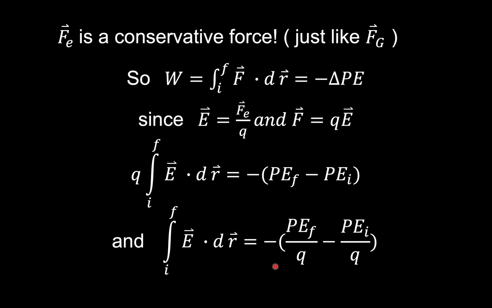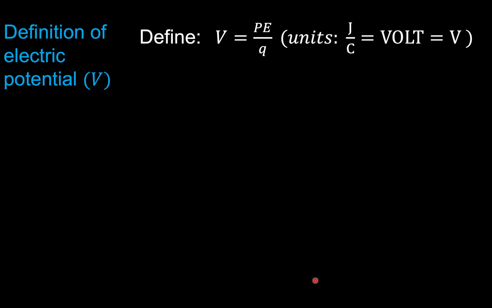So many times in physics, you've already seen that when a new concept or a new quantity presents itself like this, we're often tempted to define this quantity and give it a new physical name. And that's exactly what we're going to do here. Since this quantity is showing up in this equation, we're going to define V. This is the electric potential. This is our definition now.